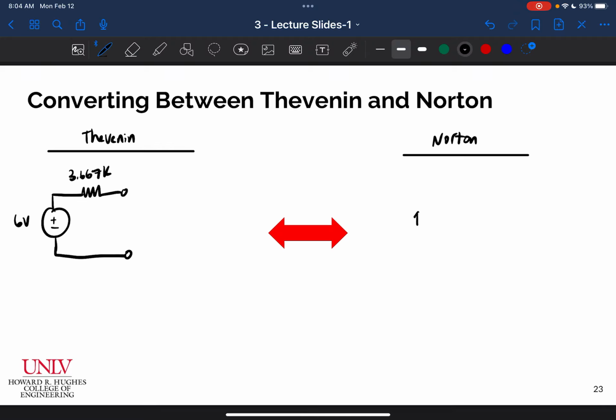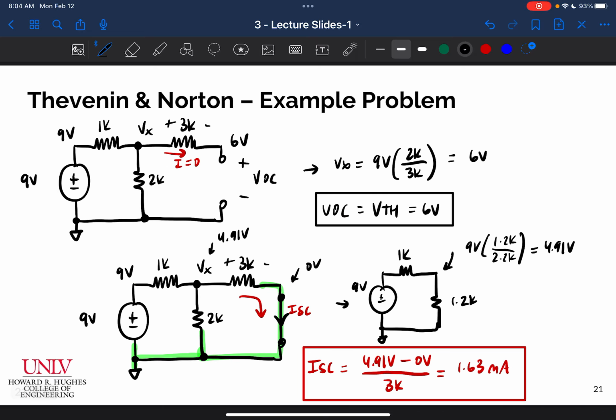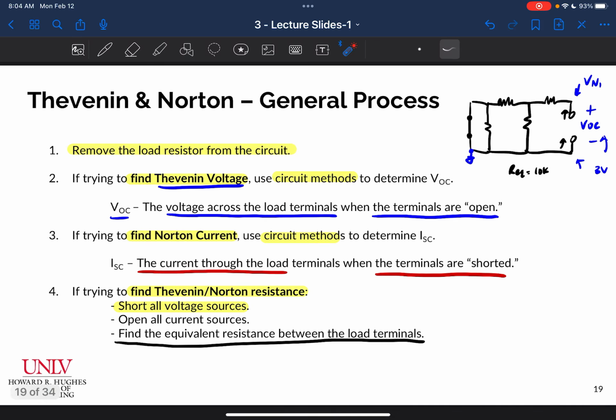Well, I know my Norton equivalent is a current source in parallel with a resistor. And I also know that my resistor is the same for both Thevenin and Norton. So what I really just need is the Norton current, which we solved for in the example. Let's go back to the steps.